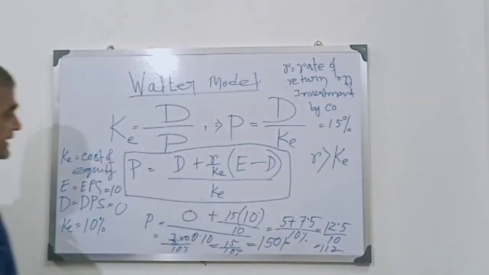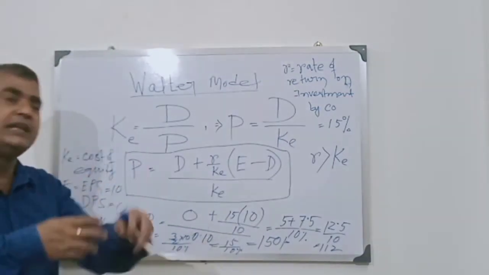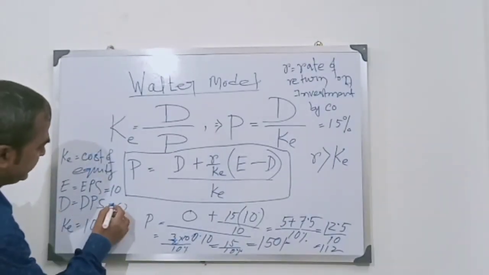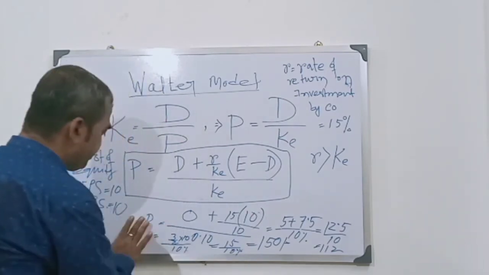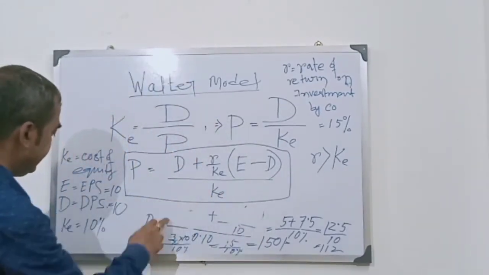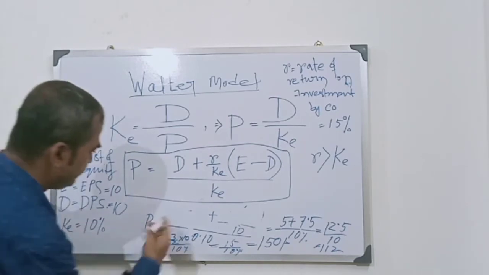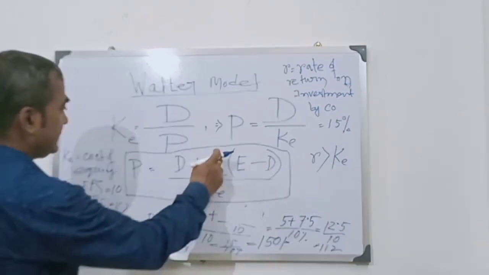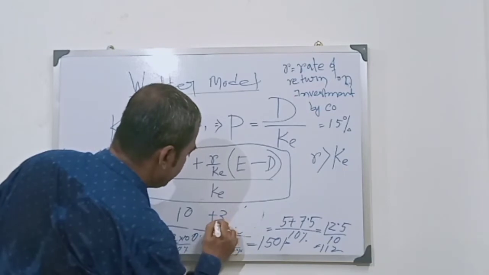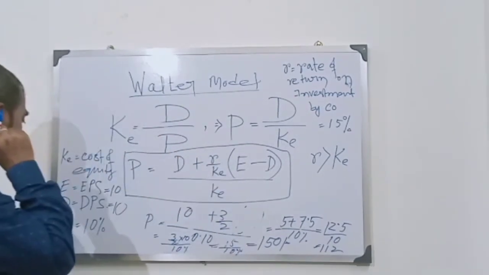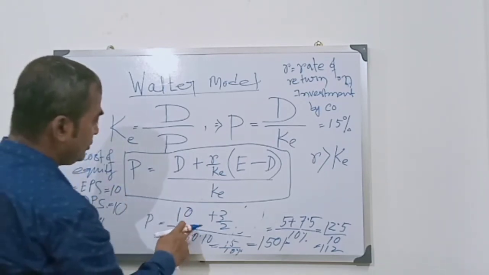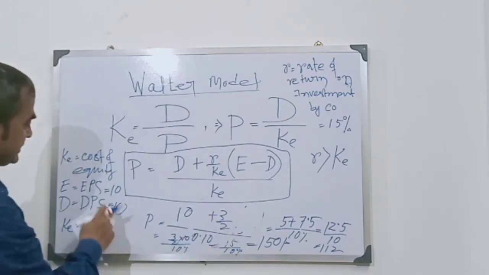Now, if instead of retaining, I pay the whole of the EPS as dividend, so I declare dividend of 10. Let us see what will happen. Dividend is 10 rupees, plus the 15% by 10%, which is 3 by 2, into 10 minus 10, which is 0.